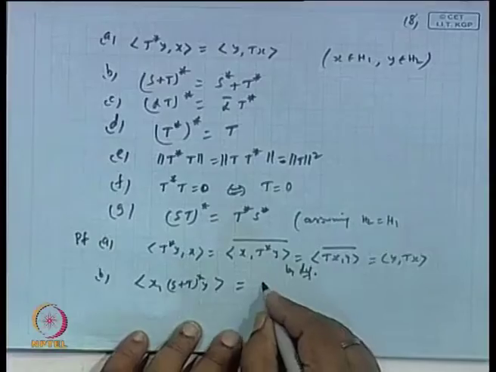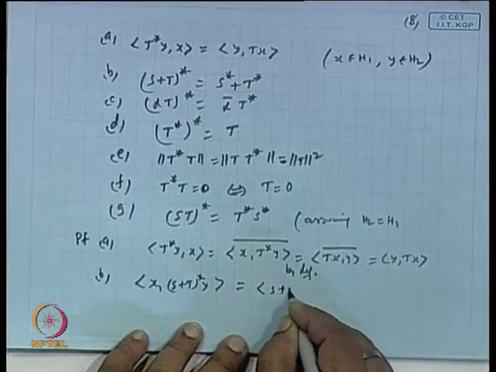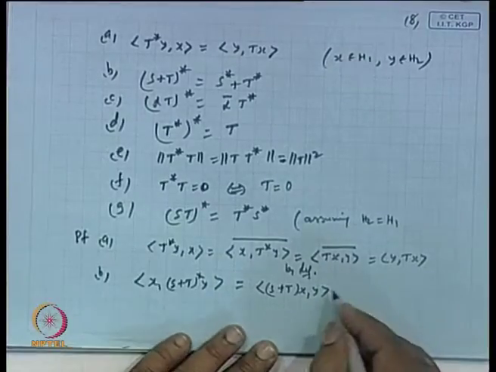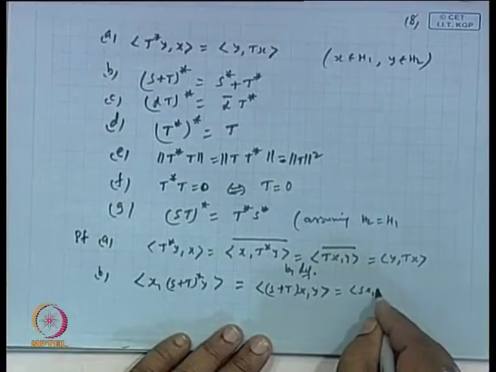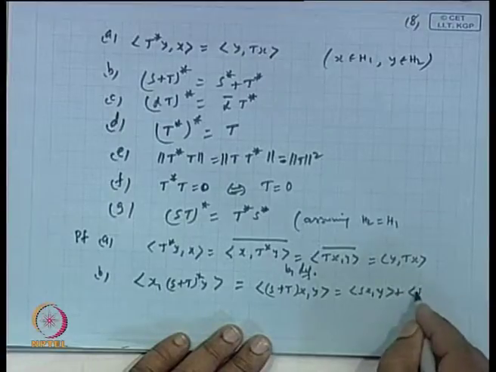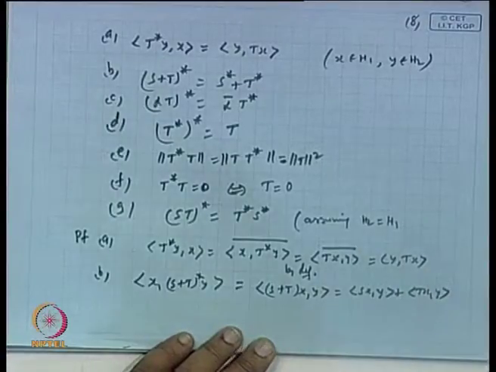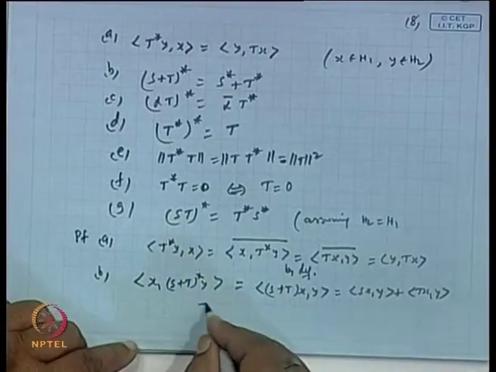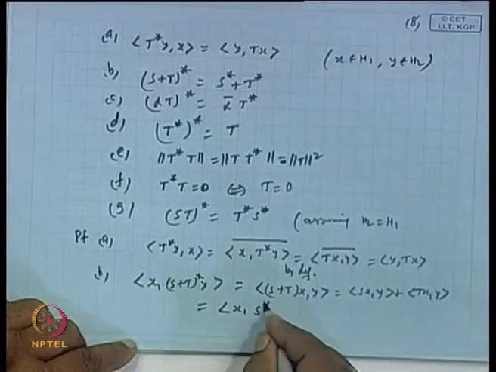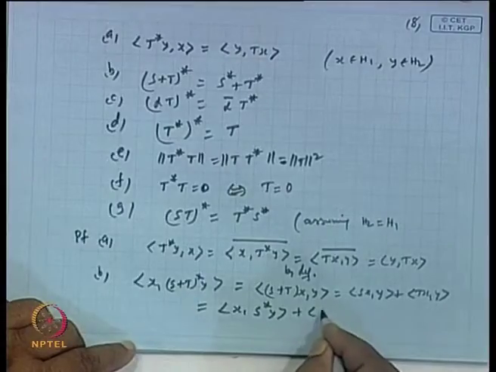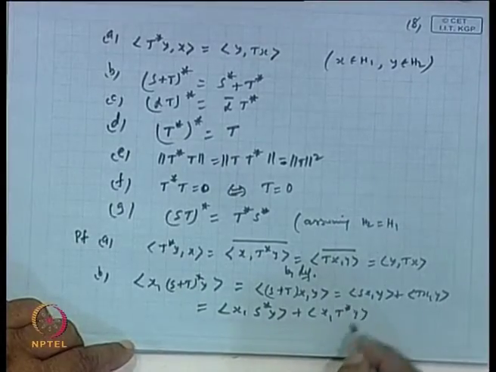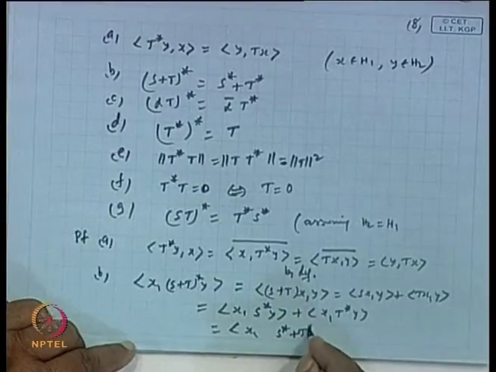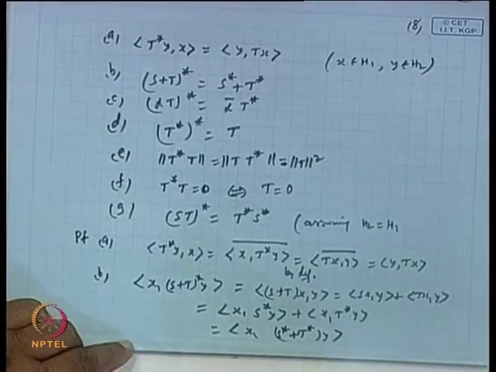So, this is by definition ⟨(S+T)x, y⟩, which is the same as ⟨Sx, y⟩ plus ⟨Tx, y⟩, because of the linear property with respect to the first coordinate, and then you write it again ⟨x, S*y⟩ plus ⟨x, T*y⟩, and add them up. So, we get ⟨x, (S*+T*)y⟩.